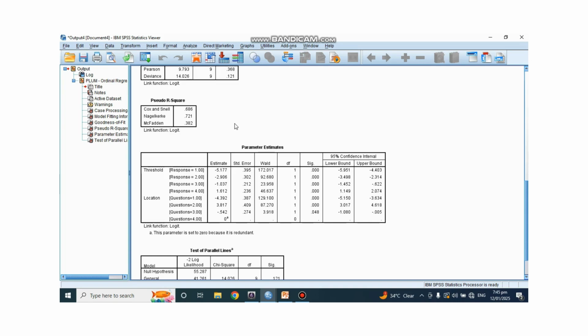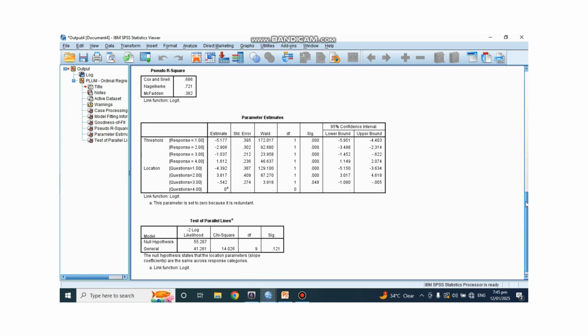All right, so now let us go to the parameter estimates. Here we have thresholds as well as location. The threshold describes the cut points that separate the ordered response categories.